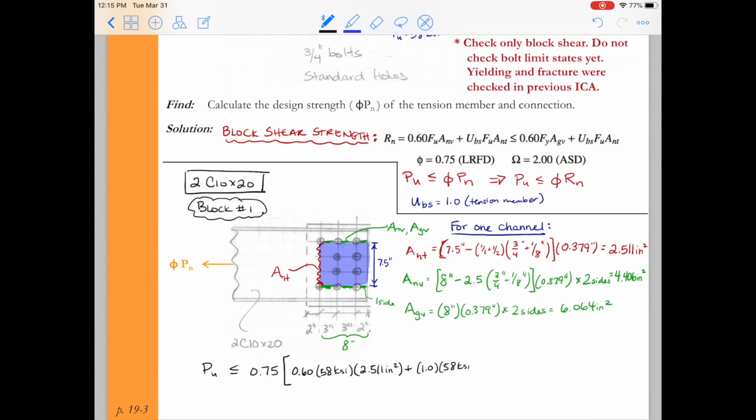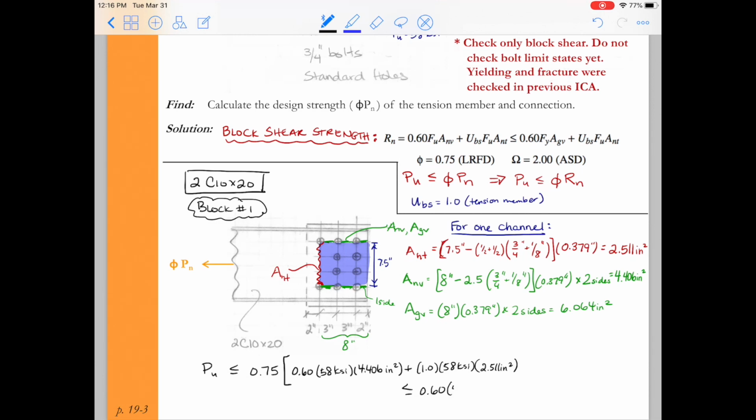And then we add to that UBS F sub u times ANT, which is the 2.511. So I'm going to correct it here. Sorry about that. So this needs to be the net shear area, which is 4.406 inches squared. And here we use the net tension area, 2.511 inches squared. All of this has to be limited by shear yielding along the shear failure surface.